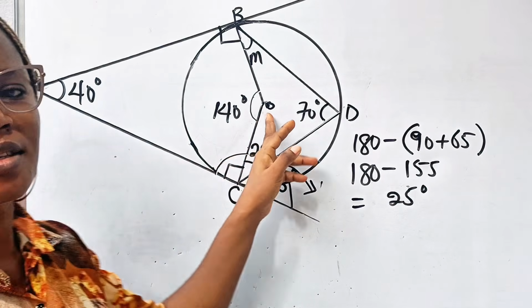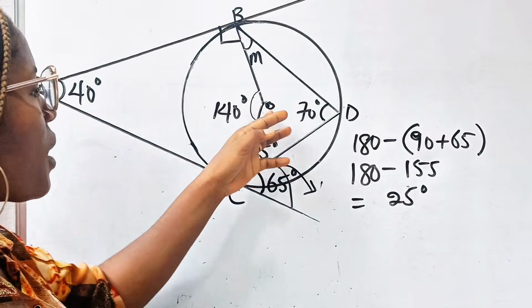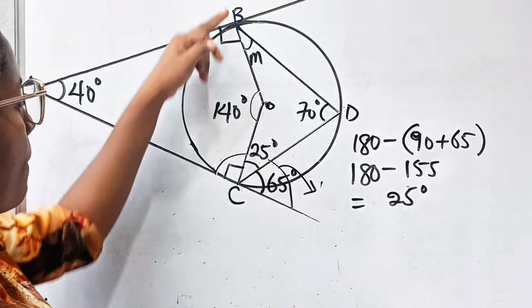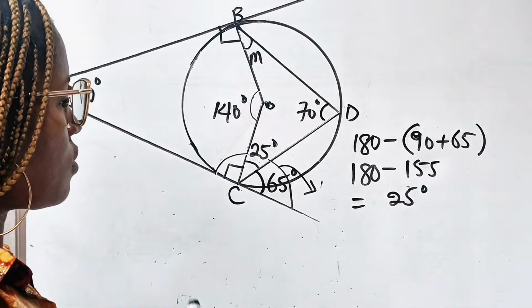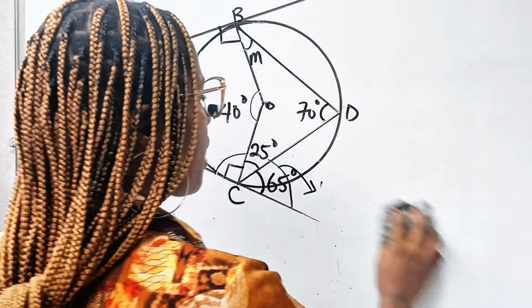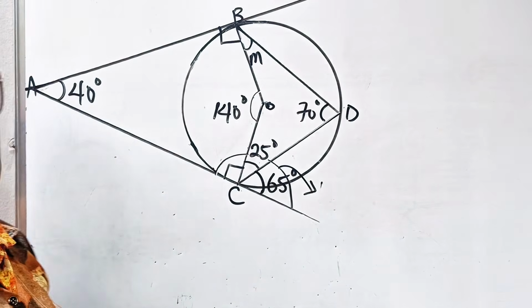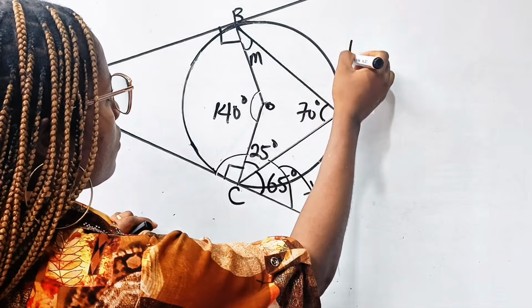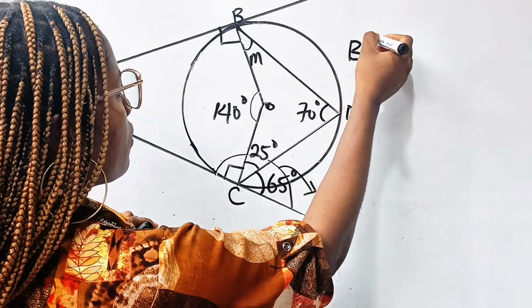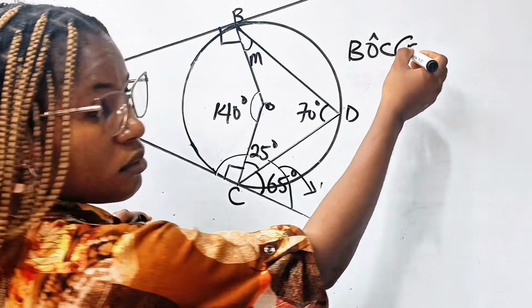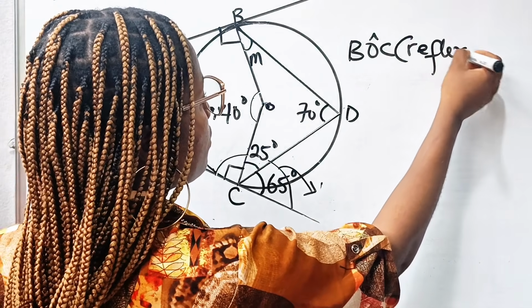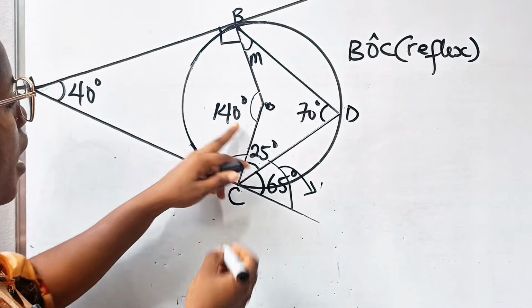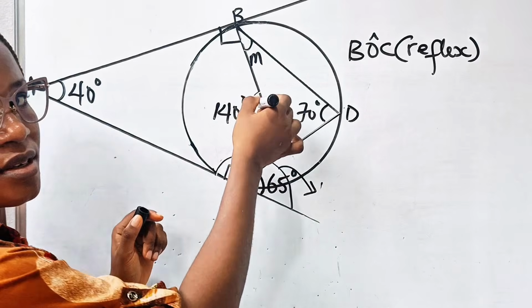Let us find reflex angle BOC. To find reflex angle BOC, the angle at the center is 360 degrees.